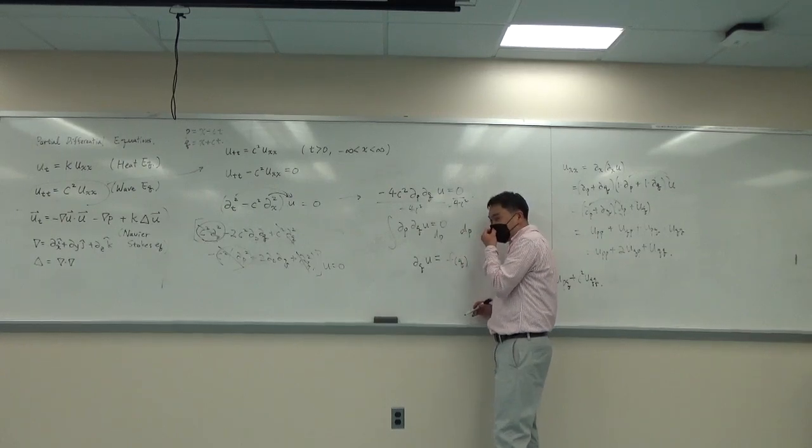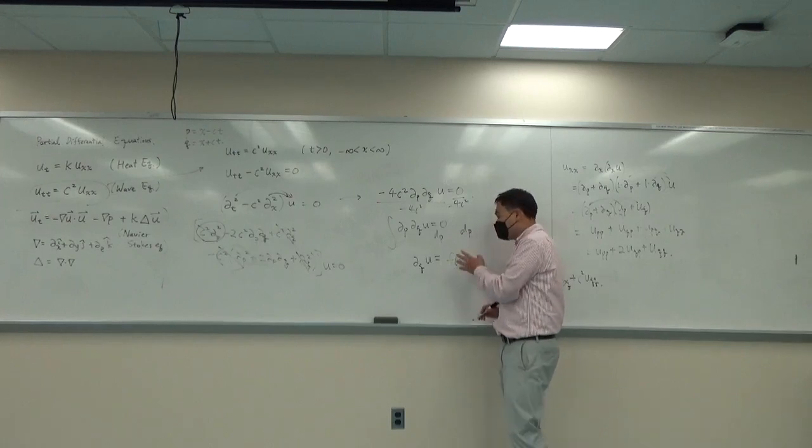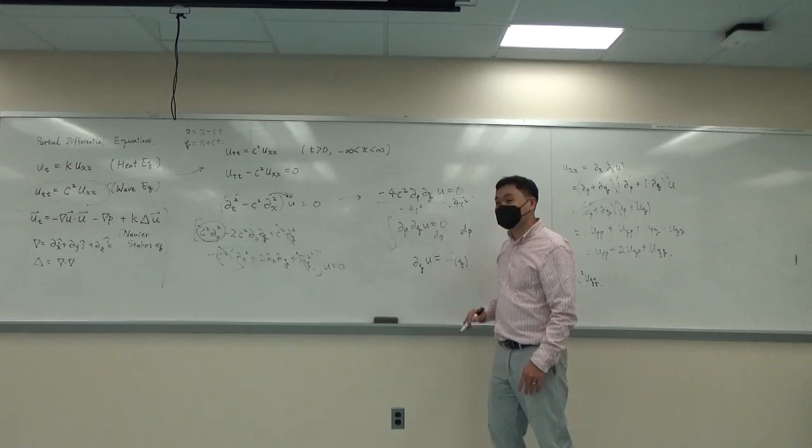Another way to think about it is, yes, if you integrate 0, you get a constant. But what is constant in this context? You're treating q as a constant in terms of partial derivatives, right? So those constants could be a function of q. That's why you should put a function of q here. All right? Next, what should I do next?